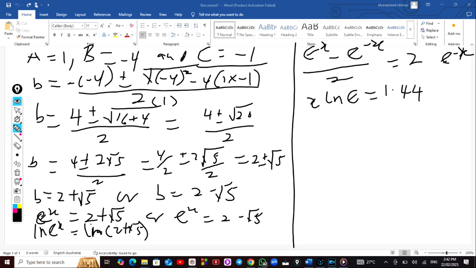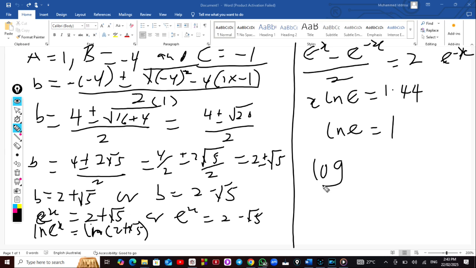So we know that ln e is equal to 1. The ln is the natural log, and e is just like the base in a logarithm.